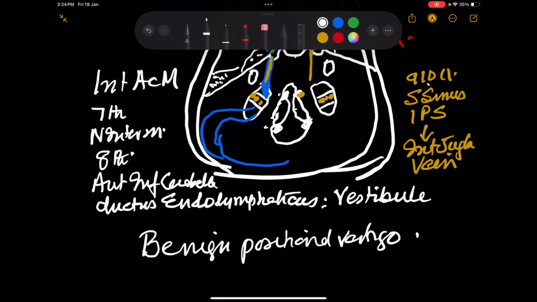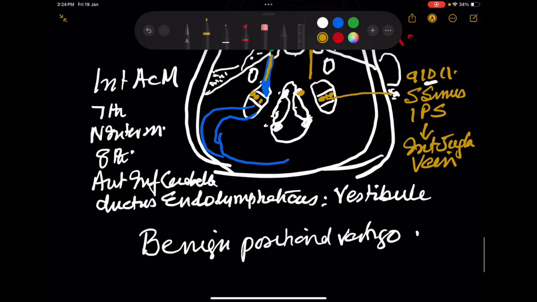So the 10th nerve, which is emerging here, also gives a branch near the ear, around the mastoid process. So if you put cold water on the mastoid process, the 10th nerve is stimulated and you can produce vomiting.